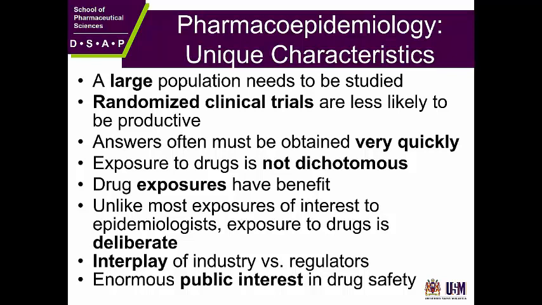Another unique characteristic of pharmacoepidemiology is that there is a strong relationship between the industries and the regulators, in order to fully understand the additional benefit and additional harm of the new drug. Also, there is enormous public interest in drug safety.